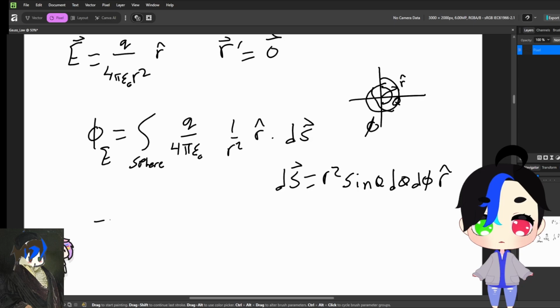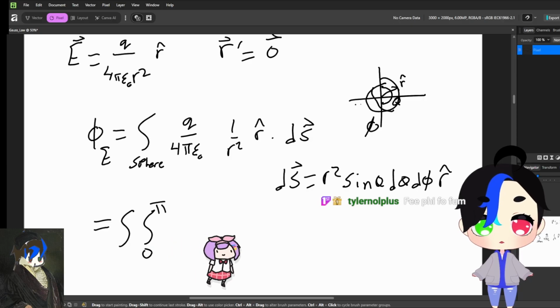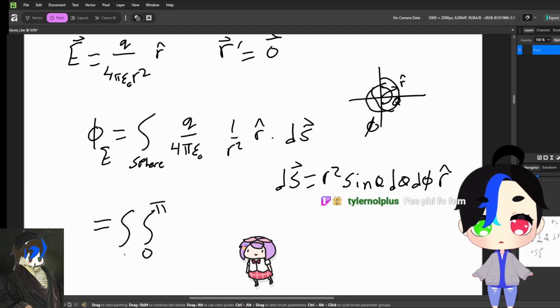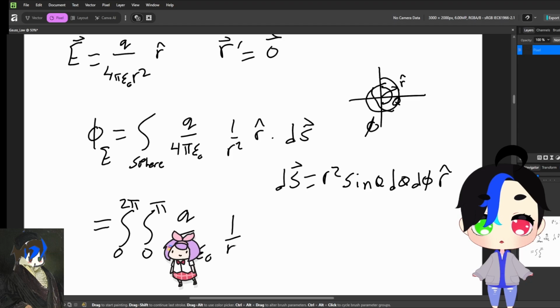So if we plug this in, we want to integrate over the sphere, which means theta runs over this half circle, so that would be 0 to pi, and then you want your azimuthal angle phi to run over the whole circle, the whole longitude, so that becomes 0 to 2 pi of q over 4 pi epsilon naught 1 over r squared.